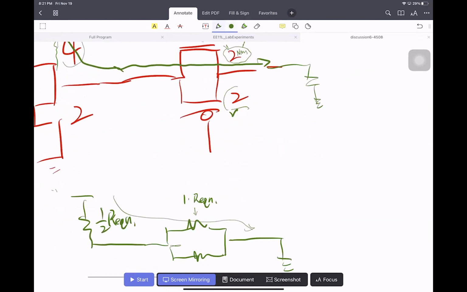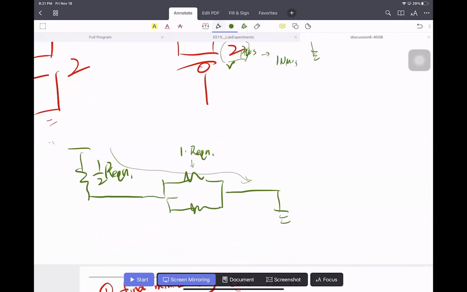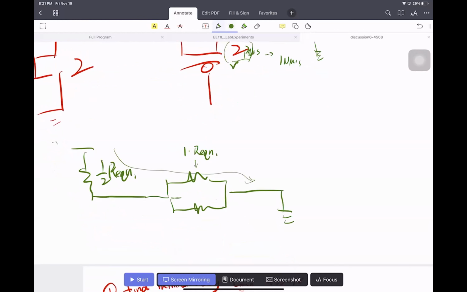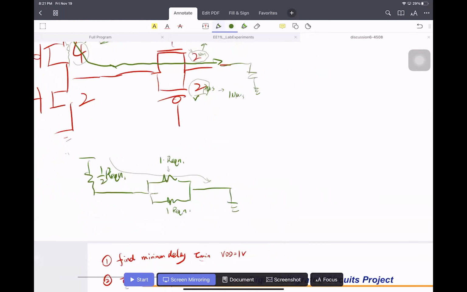And for the bottom one, it's a size of 2 PMOS and works normally. The size of 2 PMOS, if we normalize it to NMOS, is equivalent to the size of 1 NMOS in driving strength perspective. So the bottom one resistance is also 1 R equivalent N. So that's all the resistance in the path.